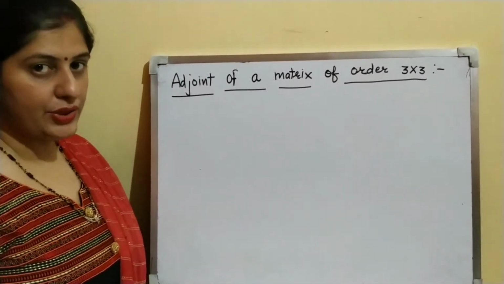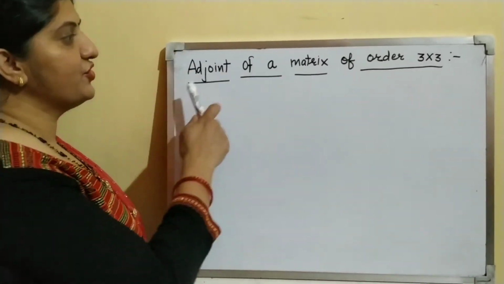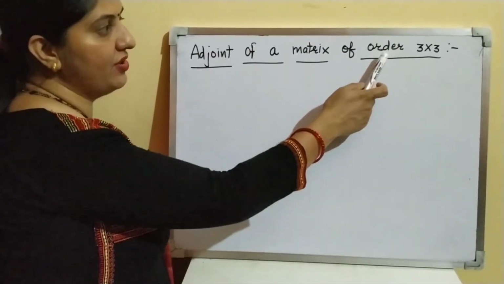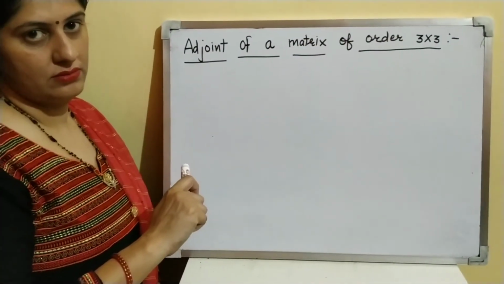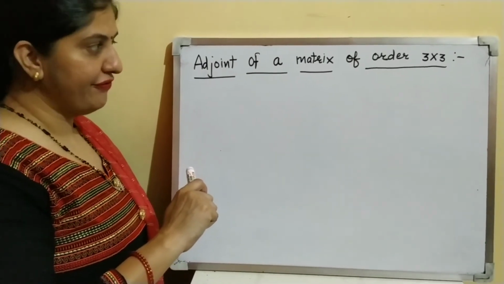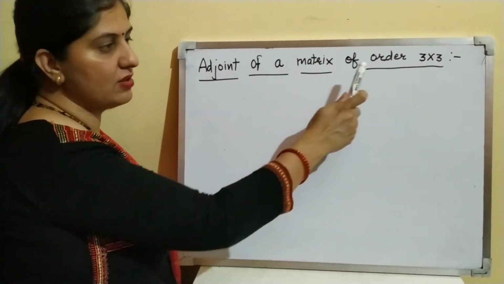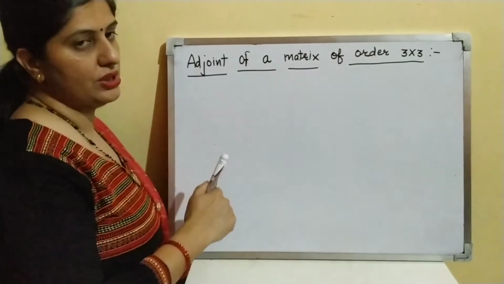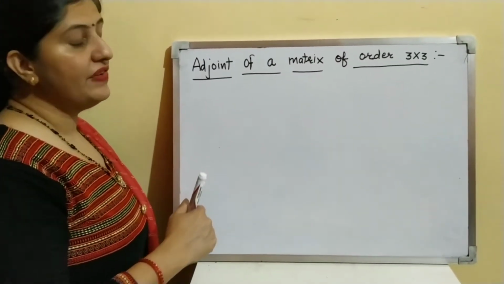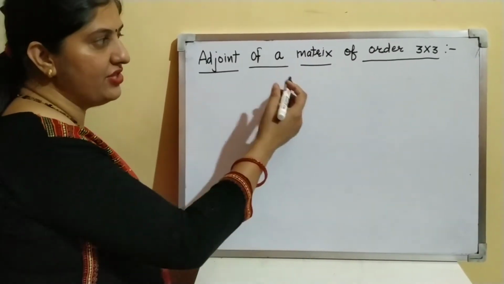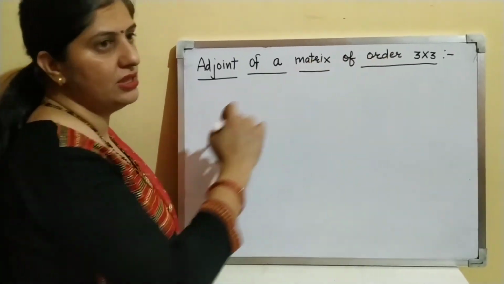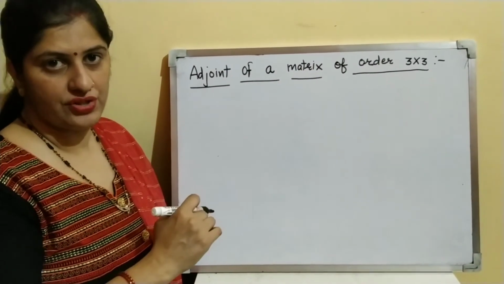Now, I am going to discuss the adjoint of a matrix of order 3 by 3. How can we find the adjoint of a matrix of order 3 by 3? We will calculate it by using the definition.